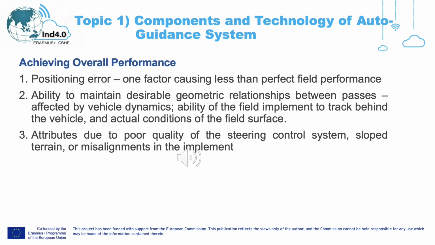In addition, the ability to maintain desirable geometric relationships between passes is affected by vehicle dynamics, ability of the field implement to track behind the vehicle, and actual conditions of the field surface. Therefore, poor quality of the steering control system, slope terrain, or misalignments in the implement will cause the overall field performance to suffer.